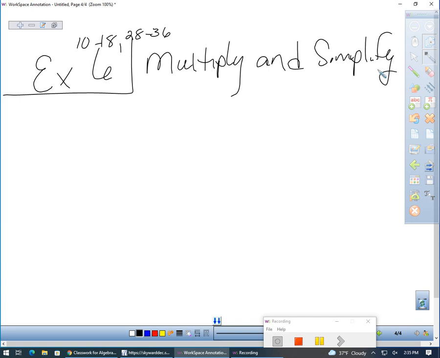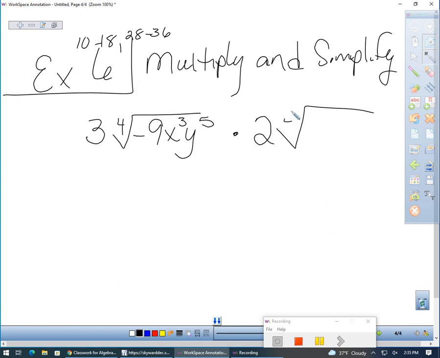All right. So if I have, for example, 3 fourth roots of negative 9x to the third, y to the fifth, times 2 fourth roots of negative 9x, y to the ninth.